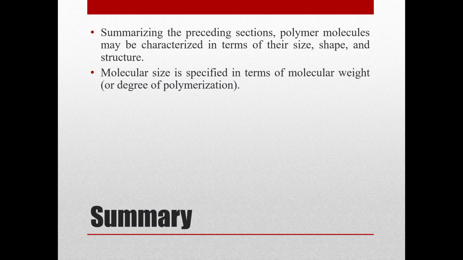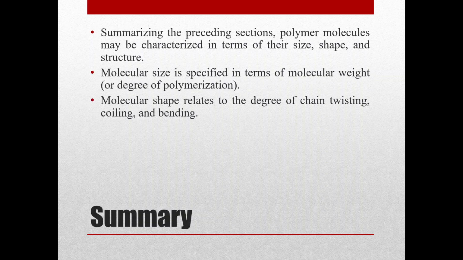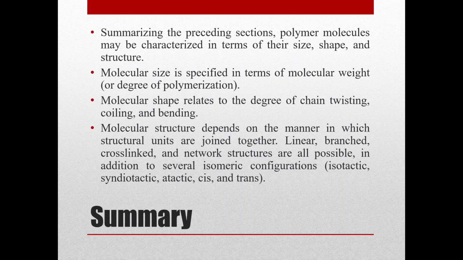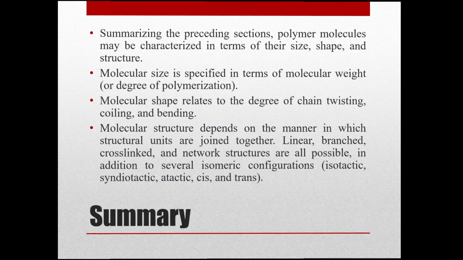Molecular size is specified in terms of molecular weight or degree of polymerization. Molecular shape relates to the degree of chain twisting, coiling, and bending. Molecular structure depends on the manner in which structural units are joined together, whether linear, branched, cross-linked, or network structures, in addition to several isomeric configurations: isotactic, syndiotactic, atactic, cis, and trans.